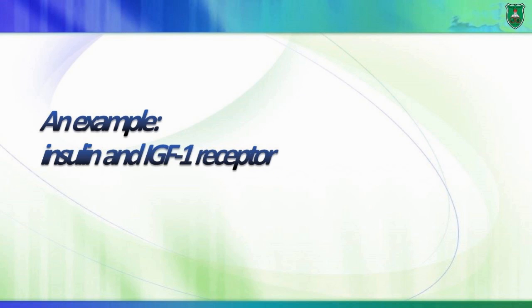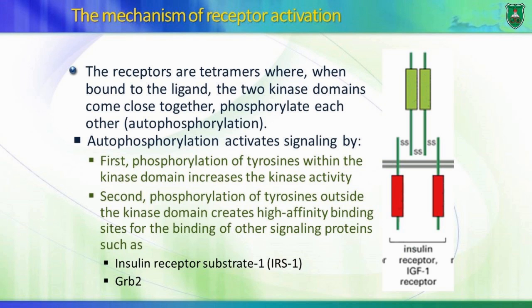So here's an example, insulin and the insulin growth factor receptor. The insulin receptor is a heterotetramer. Again, same idea: ligand binds, dimerization, and autophosphorylation, then association with different proteins.